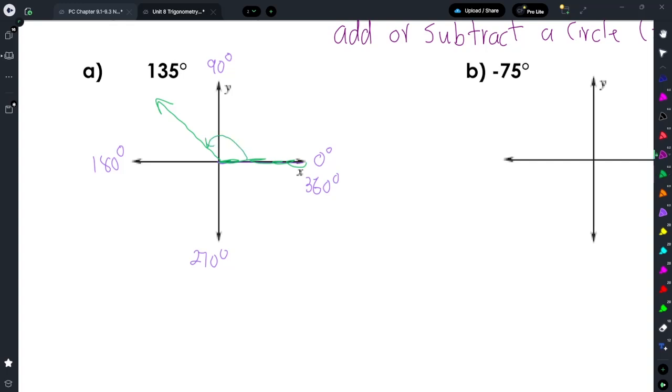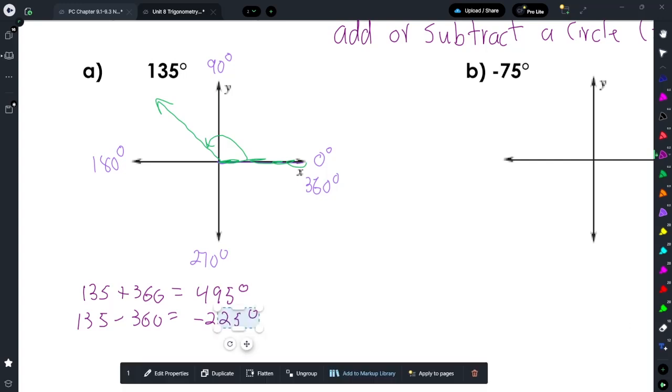So now I'm going to take 135 and add 360. That's going to be my positive coterminal angle. So that will be 495. And then I'm going to do 135 minus 360, and that's going to be negative 225 degrees.